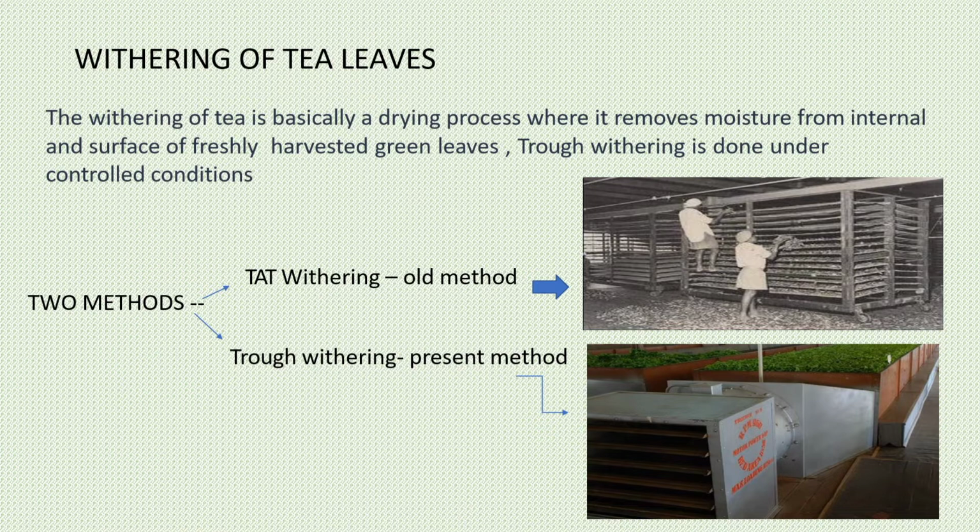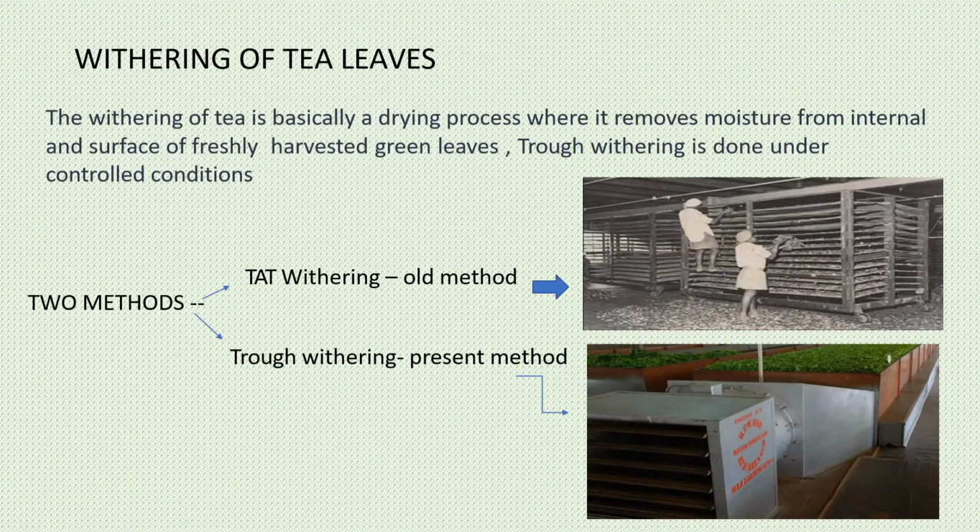So usually there are two methods: the tat withering method and the trough withering method. The tat withering method is also a drying process. As you can see in the first picture, the tea leaves are put into these racks for drying. As you can see, that is not that hygienic, but that was the old and traditional method. But now we have the modern technology, which is hygienic and good enough, called the trough withering method.